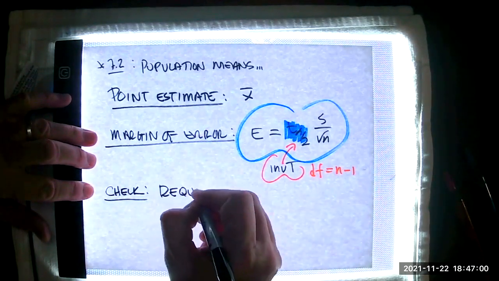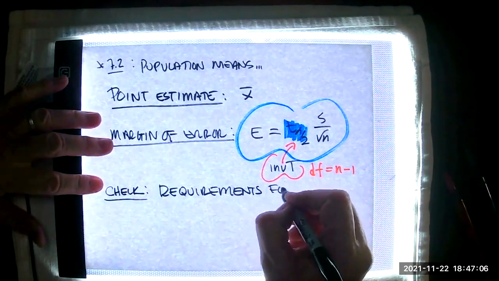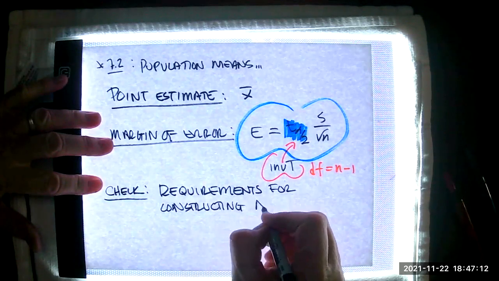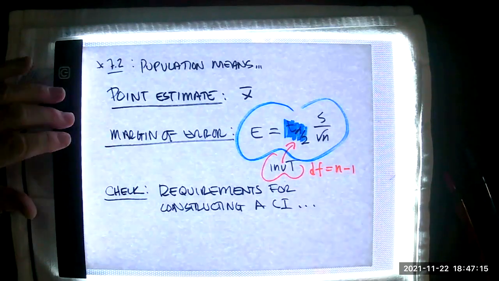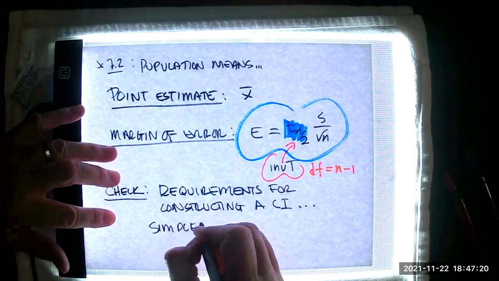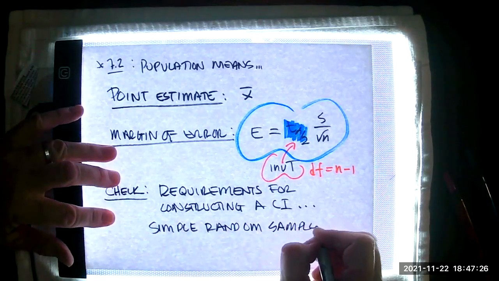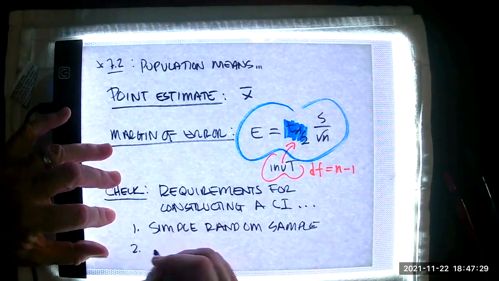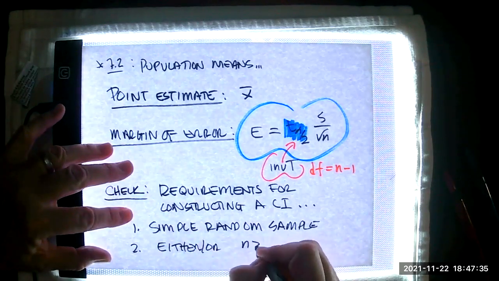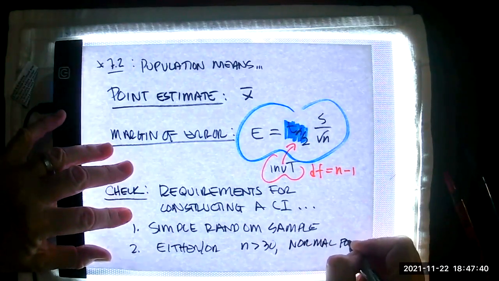I would like students to be able to check the requirements for constructing a confidence interval. There's only two of them. We need a simple random sample. There's one. And then either or, either one, the other, or both: n greater than 30, or a normal population.